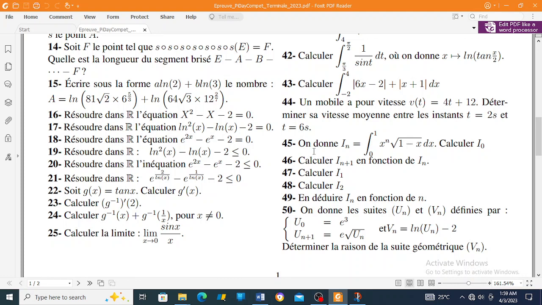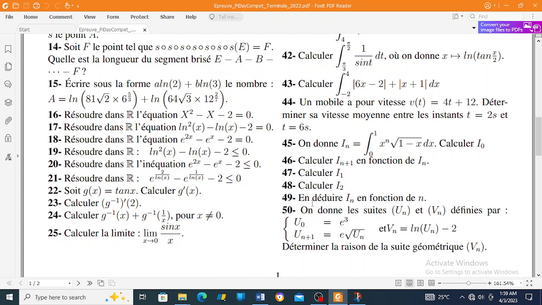Okay, so 45, given that you have I_n is the integral from 0 to 1 of x to the n times the square root of 1 minus x with respect to x. Calculate I_0. 46, calculate I_{n+1} in function of I_n. 47, calculate I_1. 48, calculate I_2.